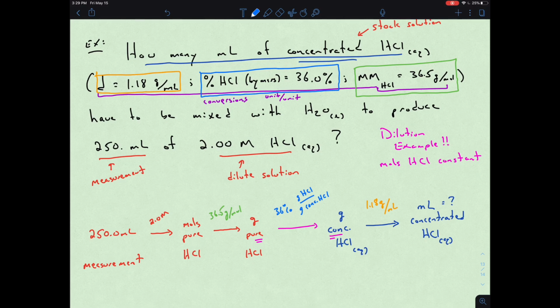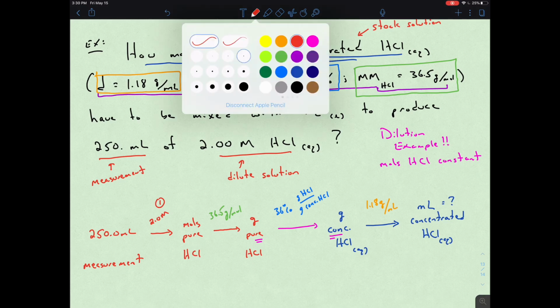So I started from one end and went backwards, and a lot of times that works out very nicely. And then I got stuck, so that's fine. We just held off, and then we continued forward from the other side, and eventually we're able to put this all together. So we have a number of steps to utilize in going forward. We have our first conversion to moles.